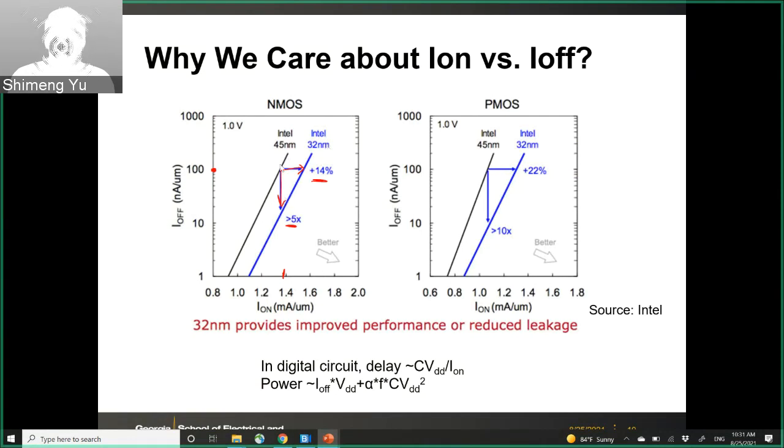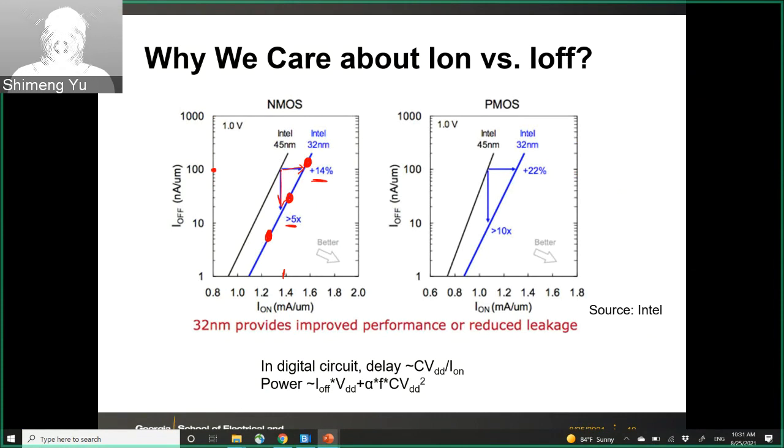In one technology node, the foundry will actually offer you different options for the transistor. That's why we have a curve here. For example, in the 32 nanometer node, the foundry will offer you technology at this point, or this point, so there is a trade-off between the on and off current.